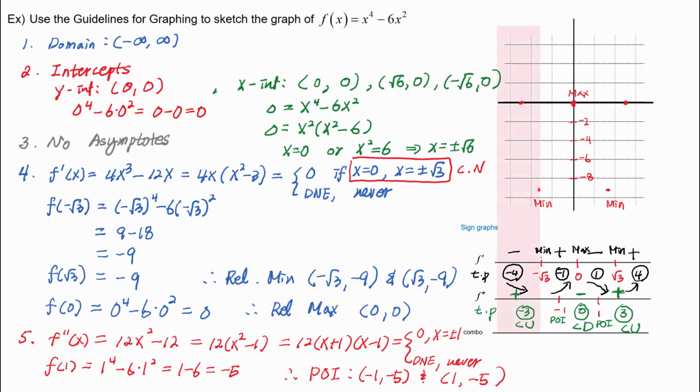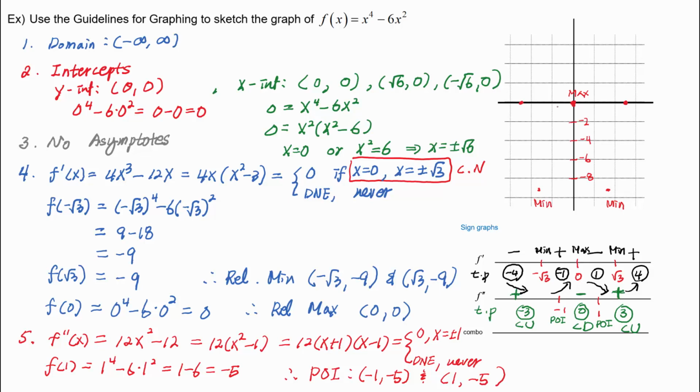Now, my graph is decreasing from negative infinity to negative radical 3, but it is concave up. So this should be a cup shape, and the cup shape goes up to -1, since I have a point of inflection at (-1, -5).